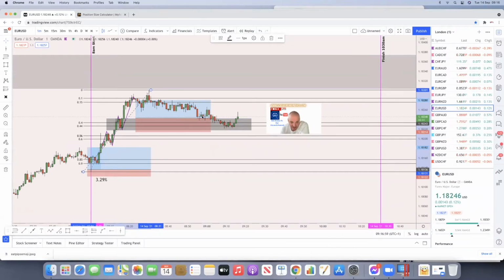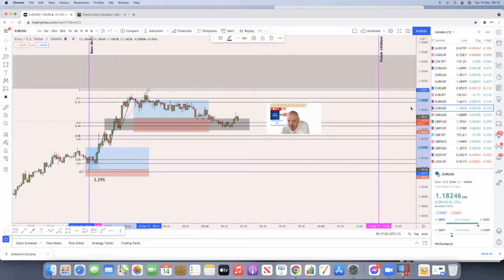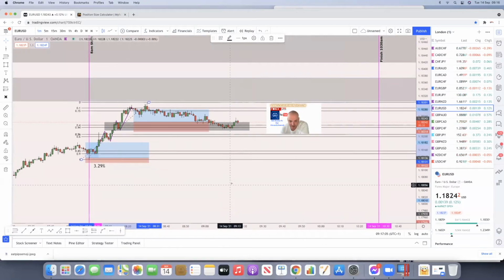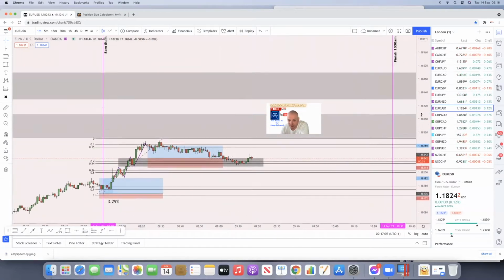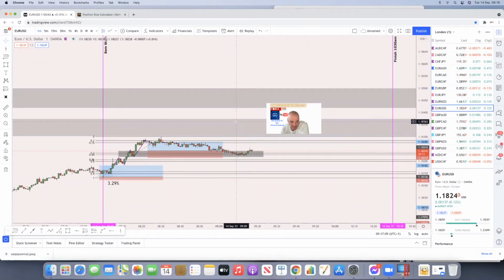Okay, so again, hopefully this is the start of the push into here, and then we will possibly come back down into this sort of area again to either do a continuation of the trend, which is what I'm ultimately hoping for, to go into here. These here, again, just to reiterate, are 15-minute order blocks further to the left.